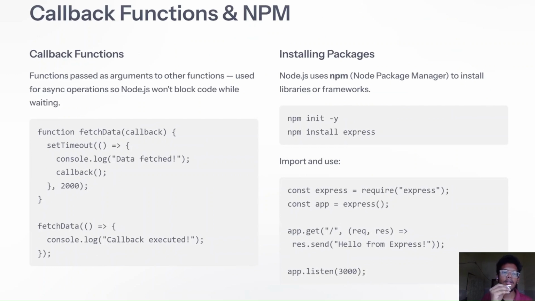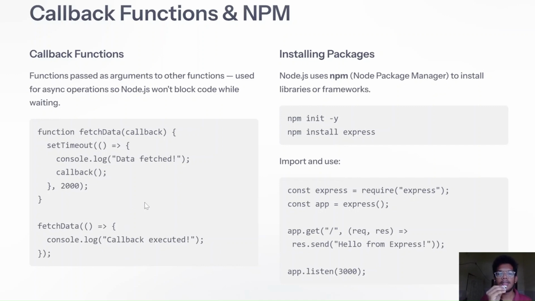Now we are going to discuss callback functions and NPM. Callback functions are functions passed as arguments to other functions, used for async operations. So Node.js does not block code while waiting, and we can see a small example of callback functions here.